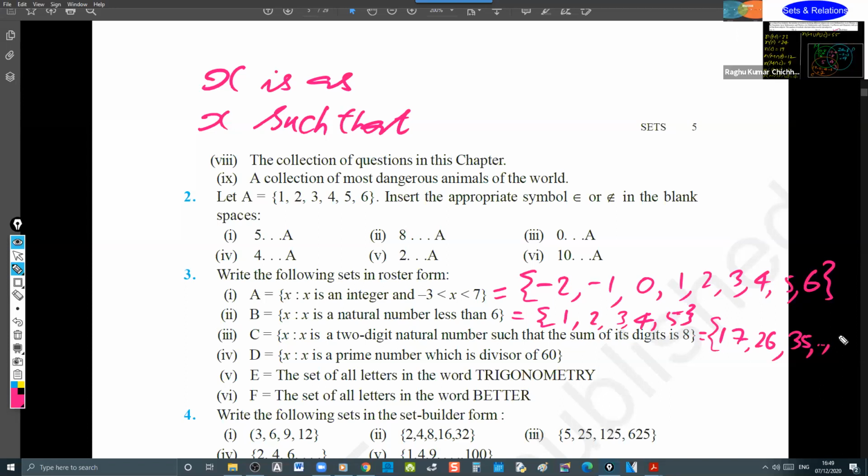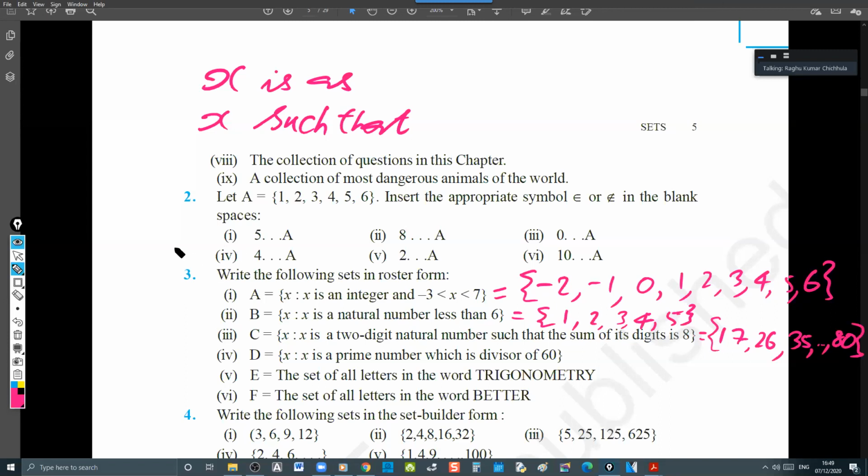So up to 80 you will have. Correct, no? Yes, sir. All right, Maurya, go to the fourth one.